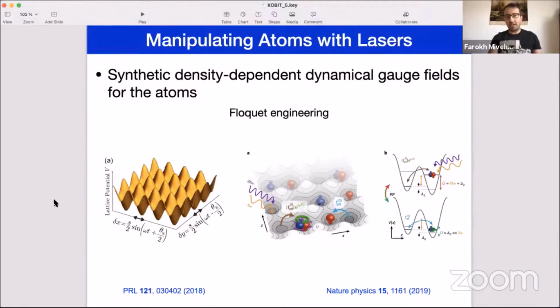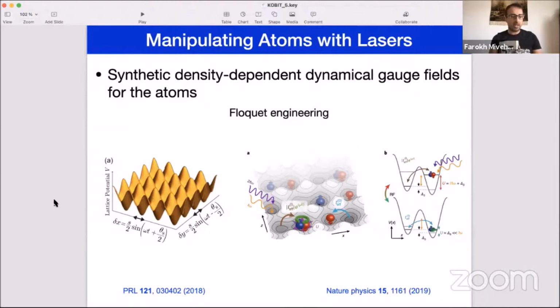And recently, density-dependent dynamical gauge fields have been realized for the atoms. At the same time as these progresses, people started to ask if it is possible to engineer a dynamical gauge potential based on different techniques without resorting to Floquet engineering techniques.